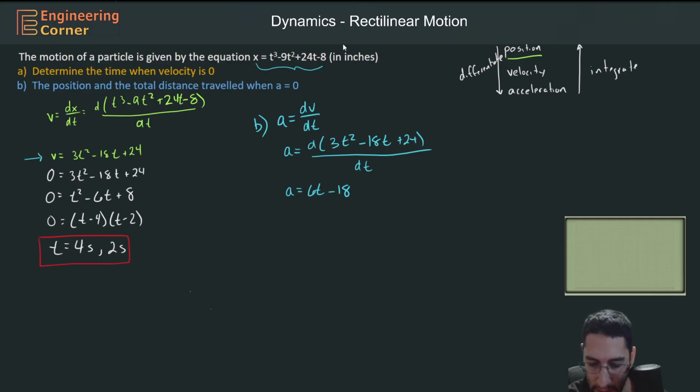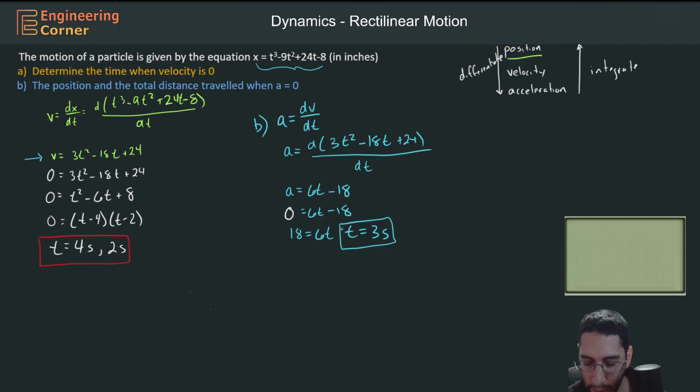So if my acceleration is equal to 0, we'll get that 18 is equal to 6t, and we'll have t is equal to 3 seconds.